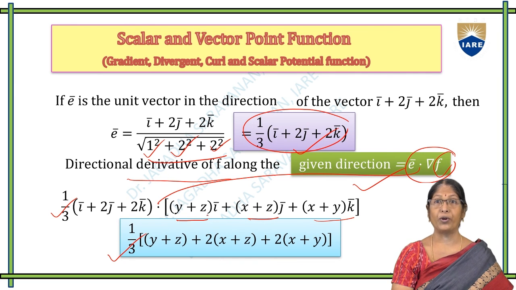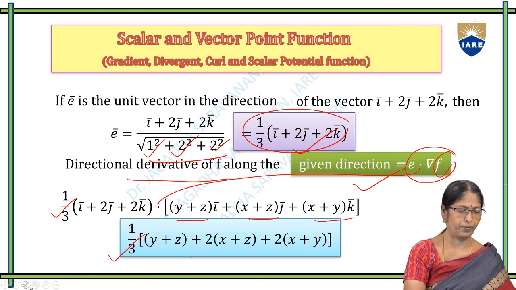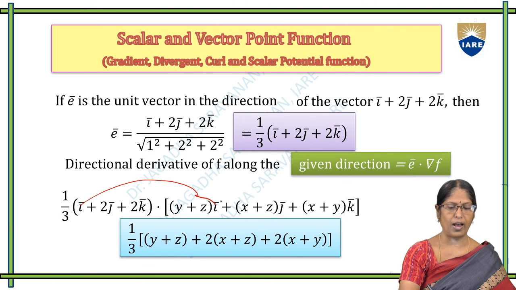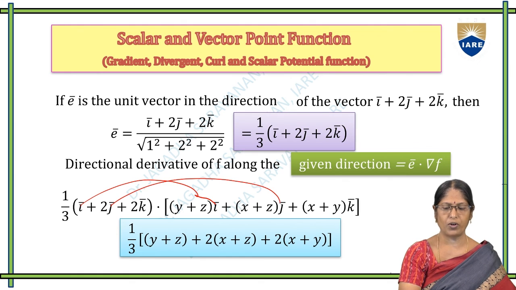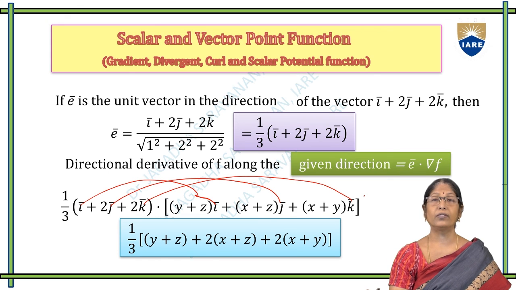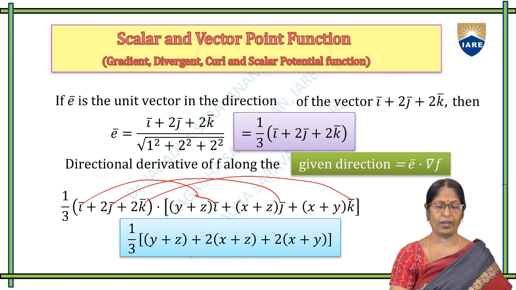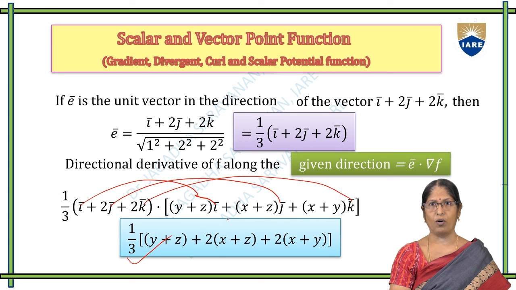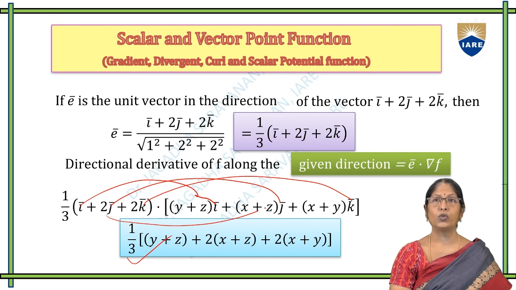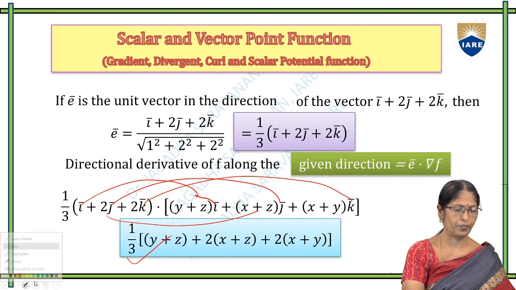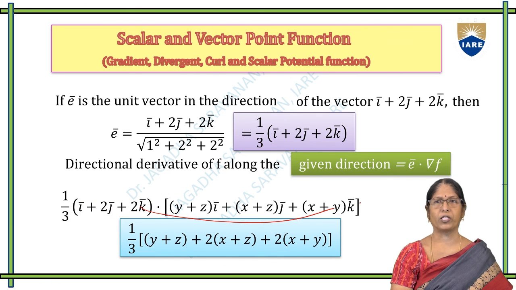In the dot product, i dot i equals 1, j dot j equals 1, k dot k equals 1, and the rest vanish. Taking 1 by 3 outside, we get y plus z plus 2 of x plus z plus 2 of x plus y.